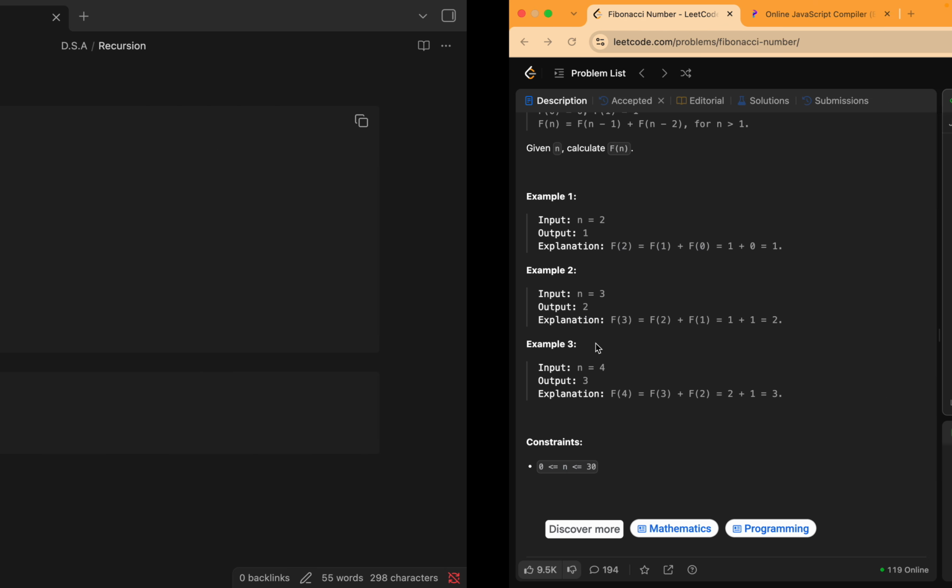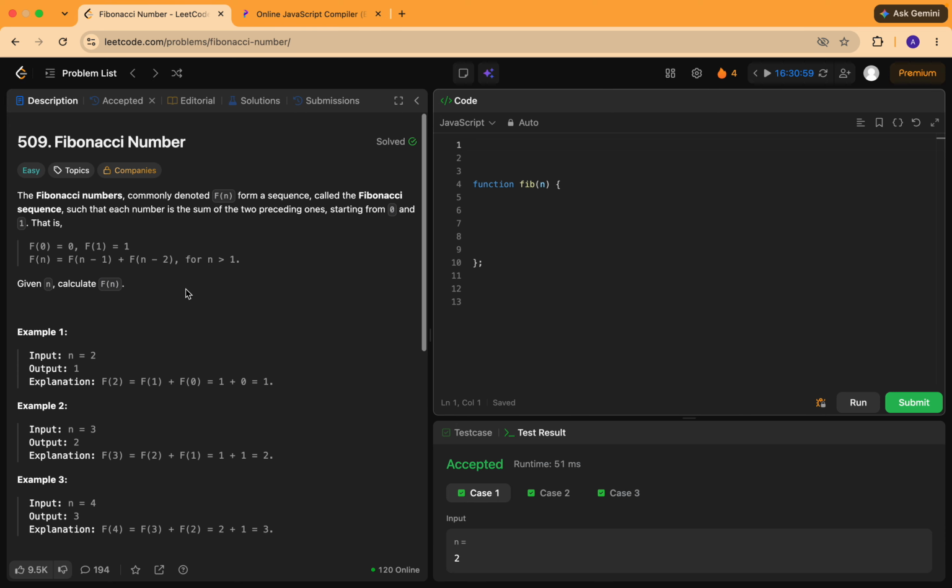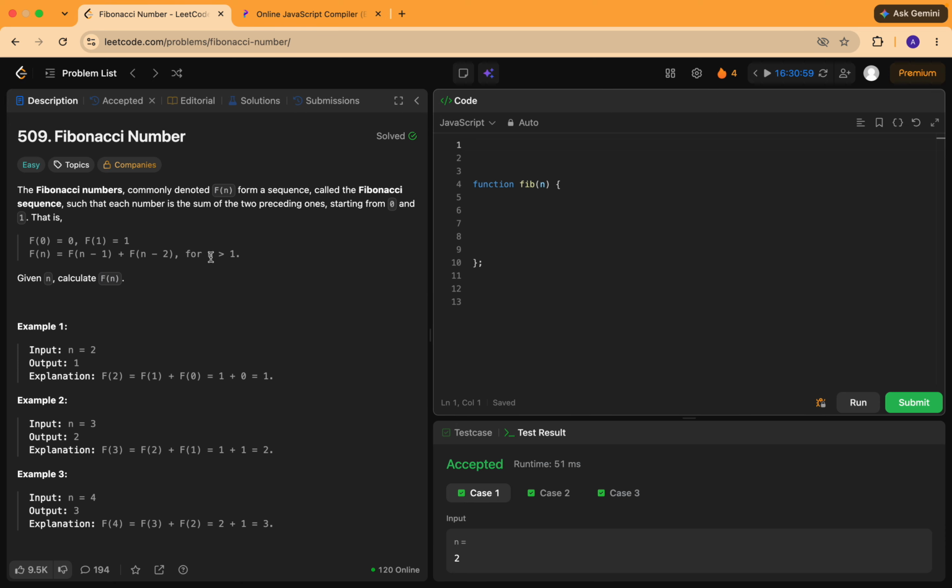Now let's solve a LeetCode problem, that is 509 Fibonacci Number. Here it is given to find the Fibonacci F(n).